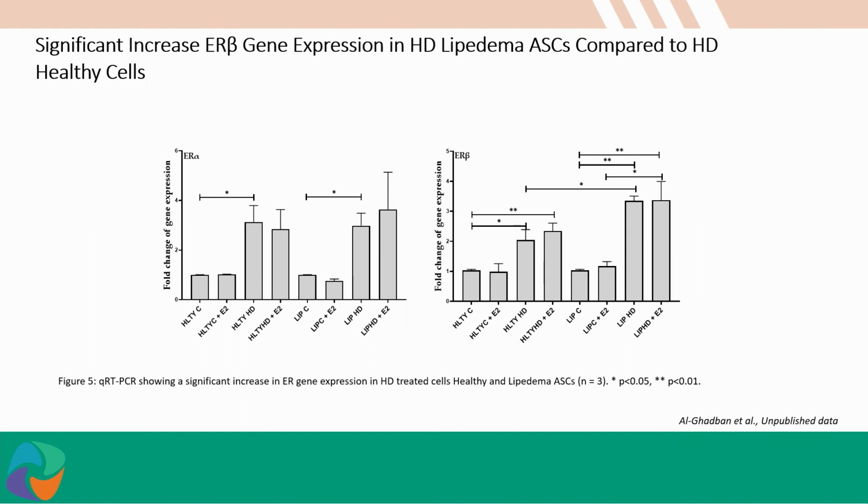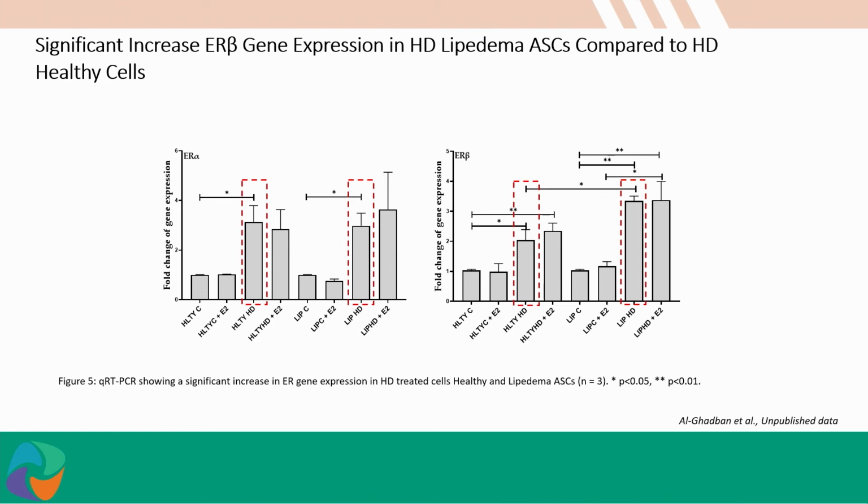So we went further and looked at the estrogen receptors in these cells, both in healthy and lipedema. What I'm showing here is that estrogen receptors both increase their expression when these cells are treated in hormone-depleted media. The media is free of estrogen, so the estrogen receptors now are free.